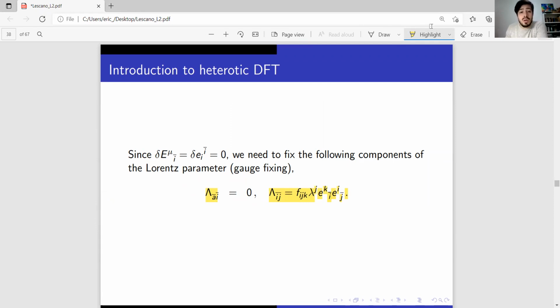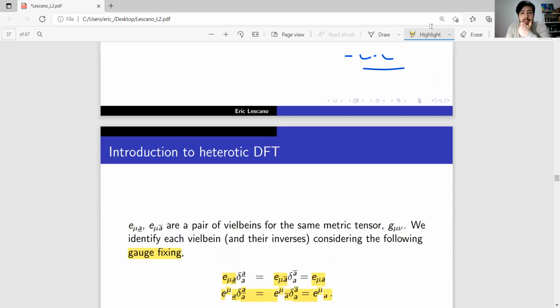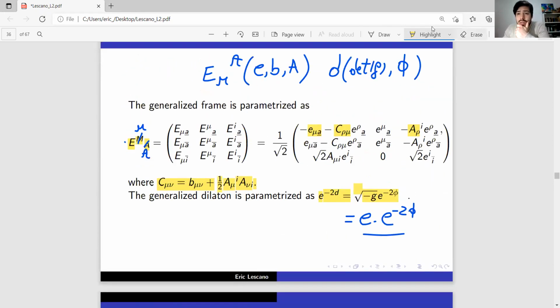For example, we want this object not to transform, and we have another condition, let me recall, we have two conditions. We have this condition, let me see the parameterization. We want, let me change color, this component not to transform, and we want this component not to transform. Sorry, I highlight again. We have gauge fixing over there.